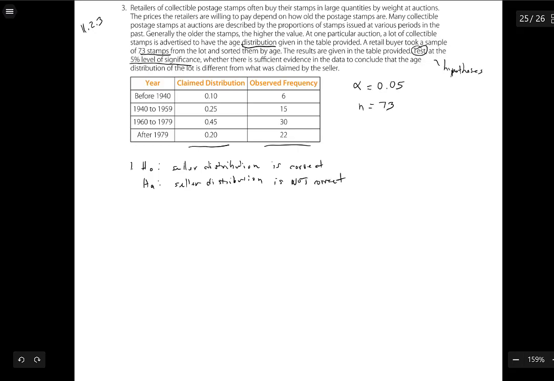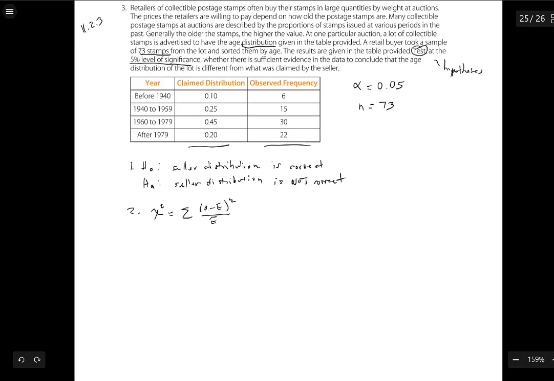All right, so step 2, we identify the test statistic that we'll be using for our hypothesis testing. We're in this section on testing goodness of fit for a discrete probability distribution, and that's going to be a chi-squared distribution, where we sum the observed minus the expected value squared, divided by the expected value.